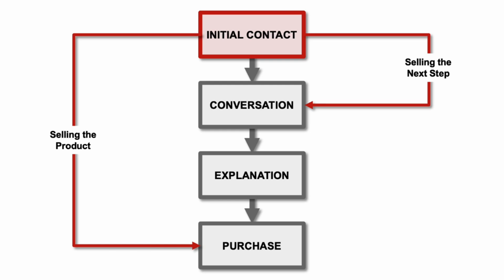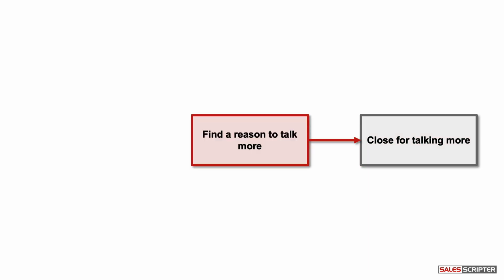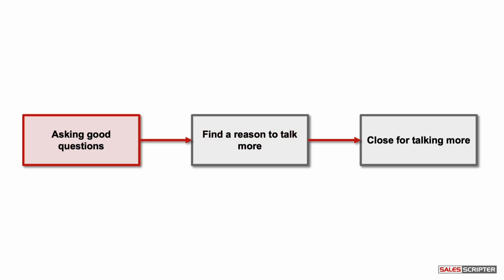And with that, the close shifts from closing the prospect on interest in the product to closing the prospect on talking more. And in order to close the prospect on talking more, we can focus on finding a reason to talk more. And the best way to find a reason to talk more is by asking good questions.